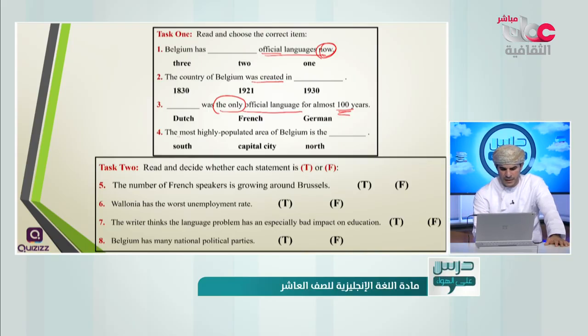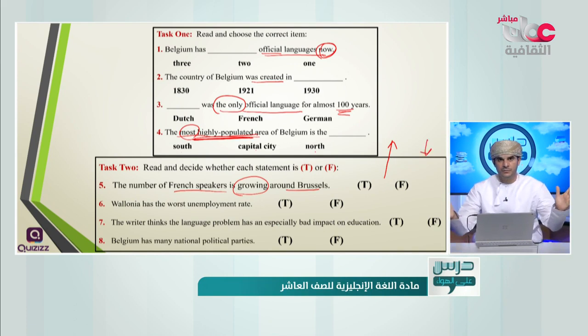The most highly populated area of Belgium is the south or capital city or the north. There. Let's go to true-false questions. The number of French speakers is growing around Brussels. Is it growing, increasing, or decreasing?